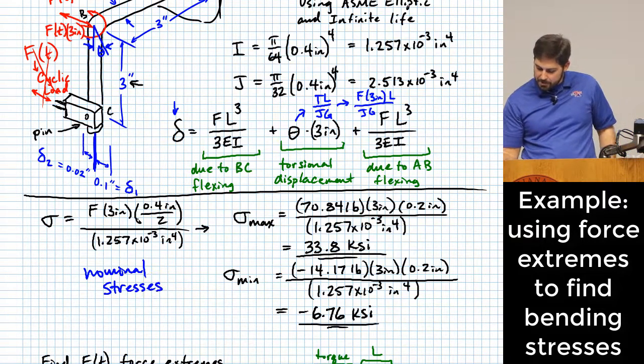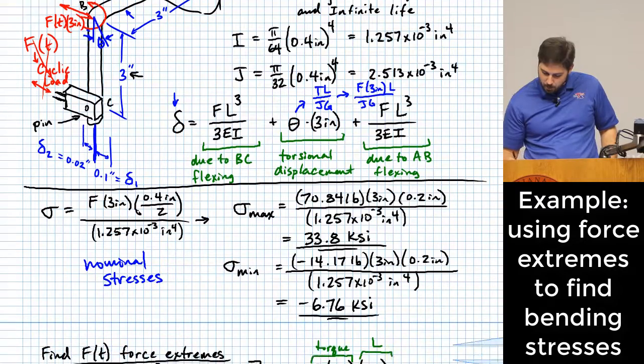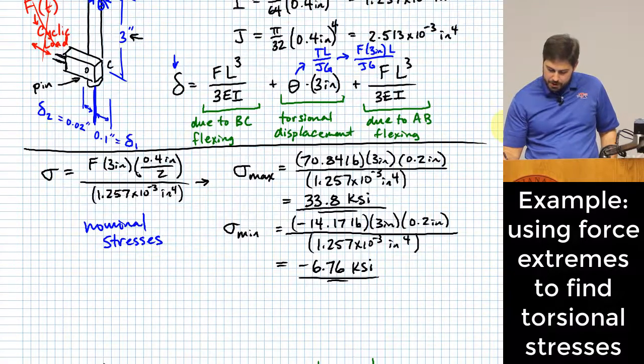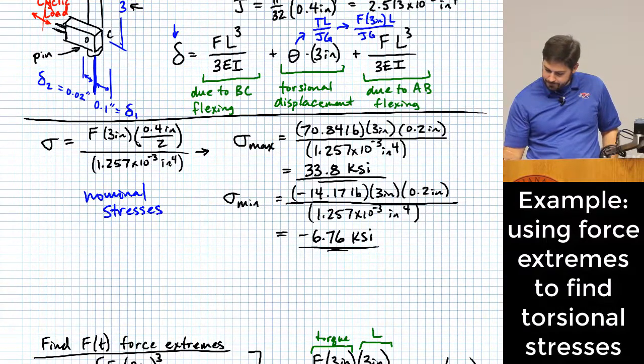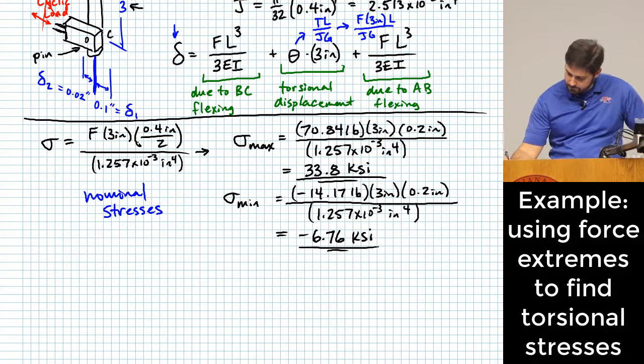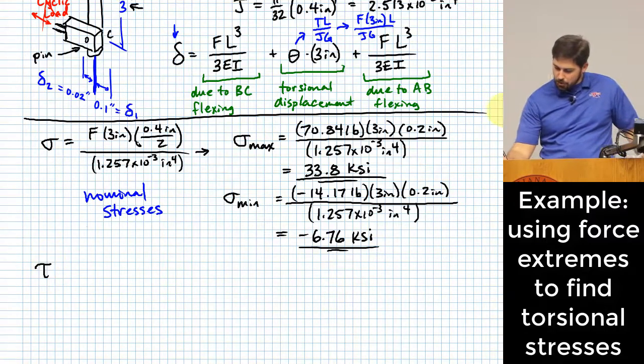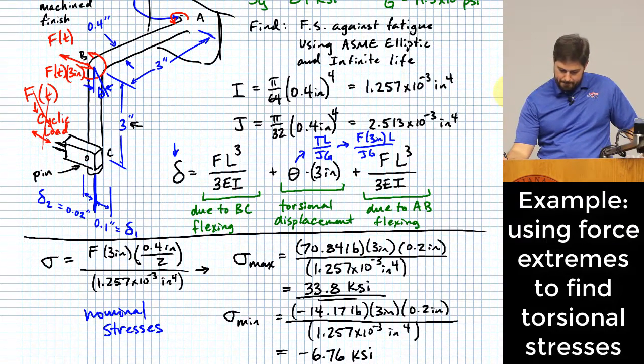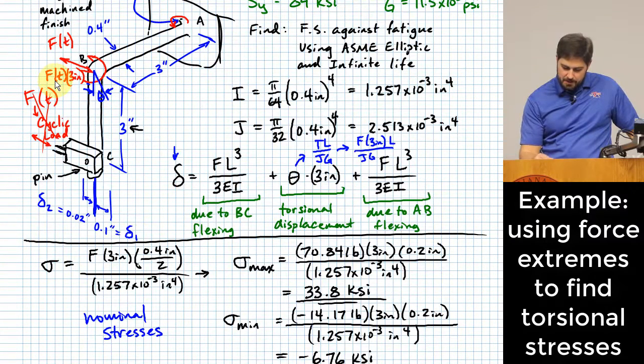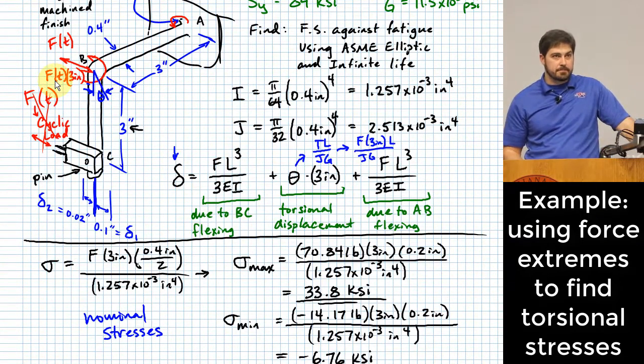Let's find our nominal stresses that we would have for the question of torsion. Our equation for torsion is going to be what? The torque is going to be F times 3 inches.